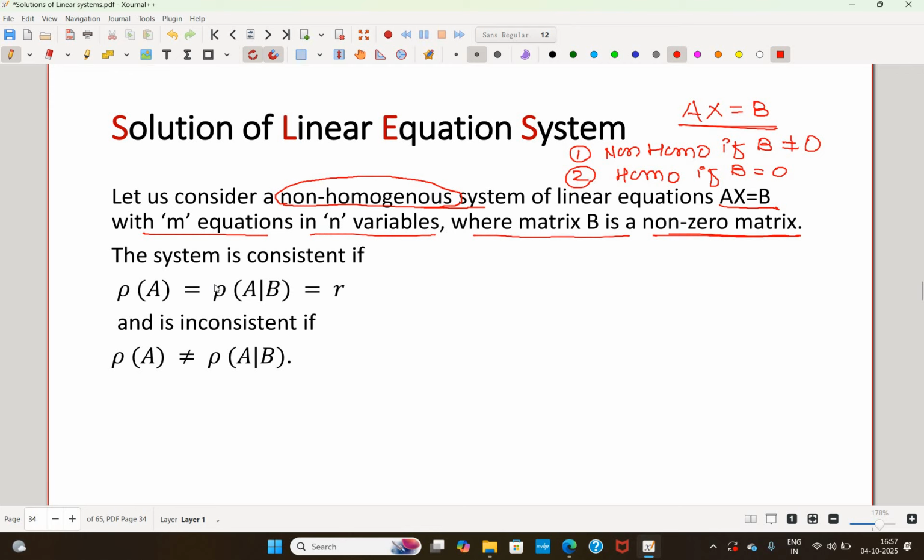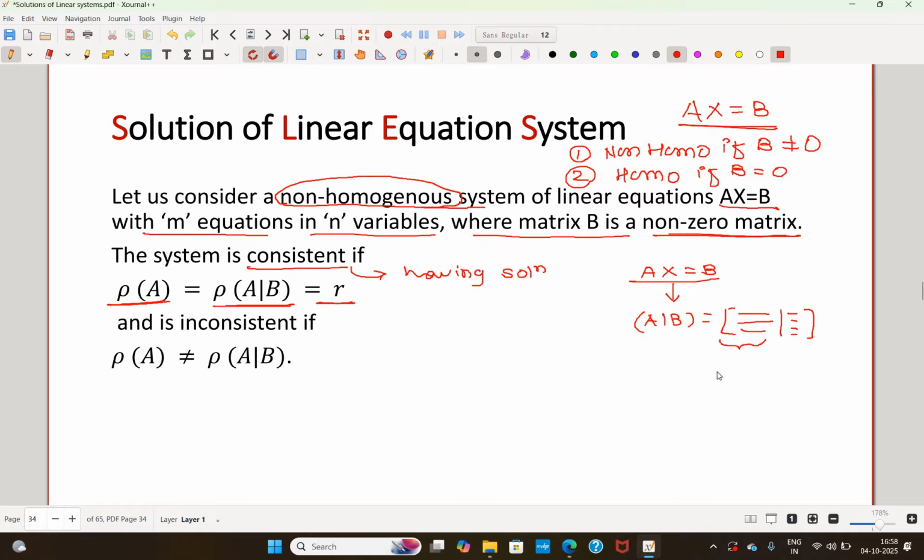Now, what we are going to focus on is the consistency or inconsistency of the system. So the system is said to be consistent, meaning having a solution, if rank of A is equal to rank of the augmented matrix and it is equal to R. So when we say Ax = B is our system, what do we further form from this? Your augmented matrix. This is your coefficient matrix, then a vertical line, and this is your right hand side matrix.